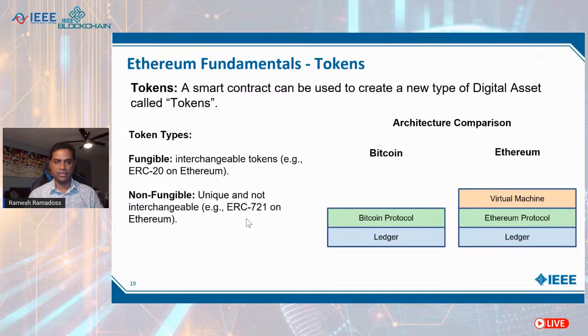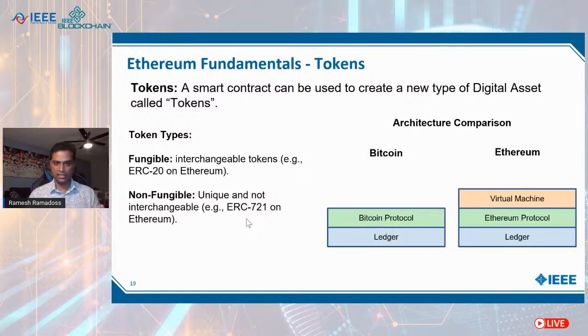For example, if I have a dollar, I could exchange that with anyone who has a US dollar. That's interchangeable. And then non-fungible, meaning they're unique and not interchangeable. If I have a piece of art and someone else has another piece of art, we can't just exchange it. They're unique and they're not interchangeable.